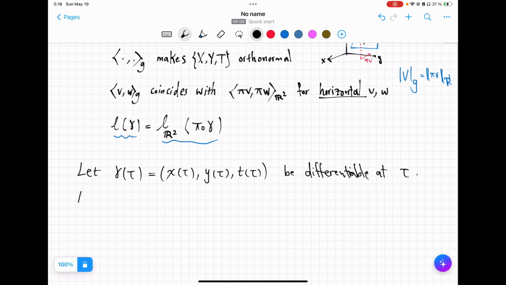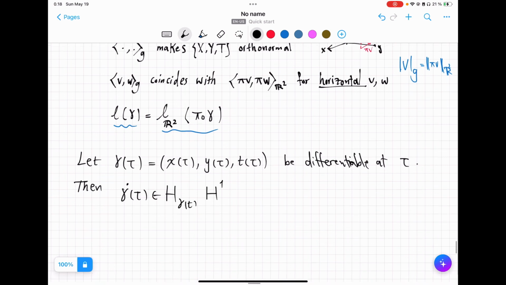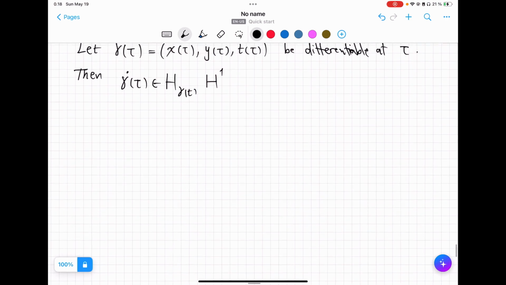Then gamma prime at tau belongs to the horizontal space at gamma of tau in H1, the condition we use for horizontality of curves.